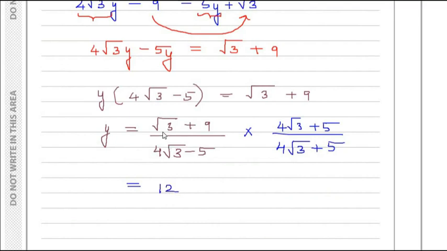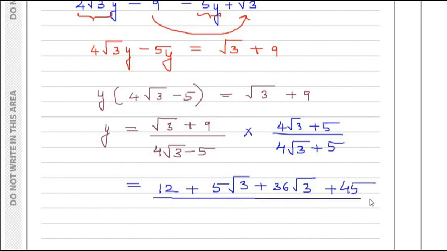You can always use a calculator to calculate the terms. And then √3 multiplies with 5, so we get 5√3. Then plus 9 multiplies with 4√3, so we get plus 36√3. And plus 9 multiplies with plus 5, giving us plus 45. So this is what we get at the numerator.